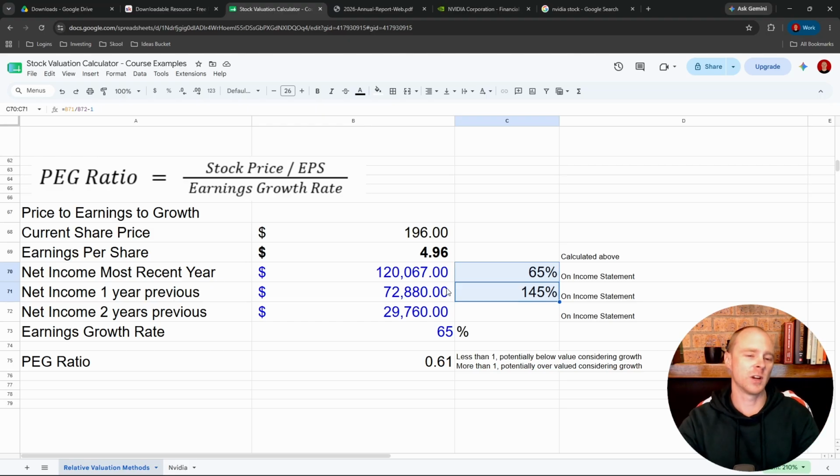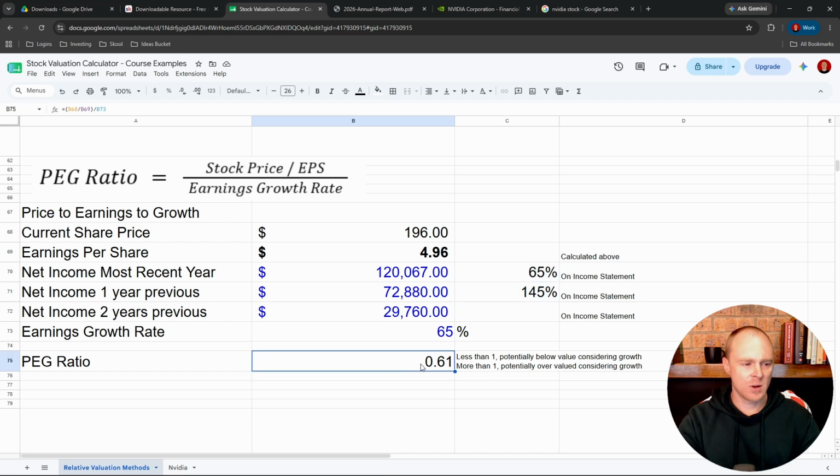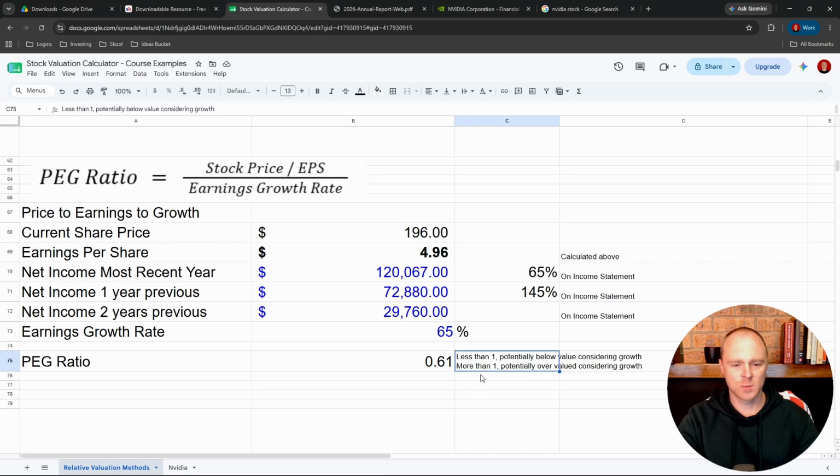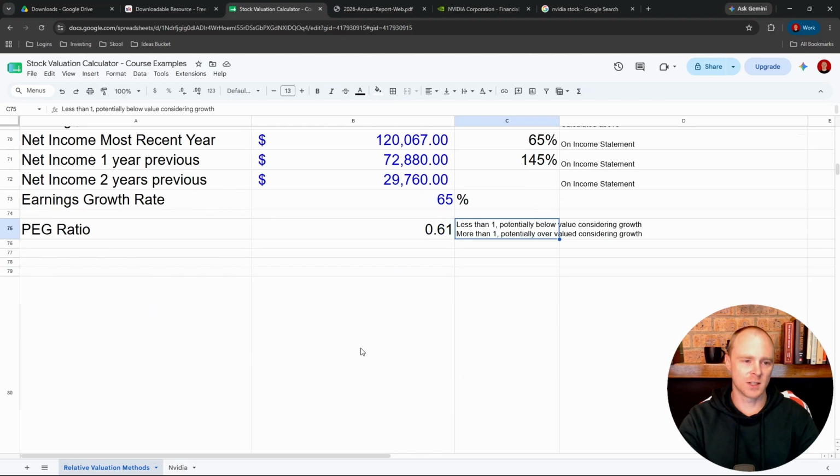So it's trending down, but we don't know where it's going to end up in the future. Now we end up with a PEG ratio of 0.61. Now, all this means is if it's below 1, it just means it's potentially below value with regards to the growth. And if it was actually more than 1, it'd be saying it's overvalued considering growth.